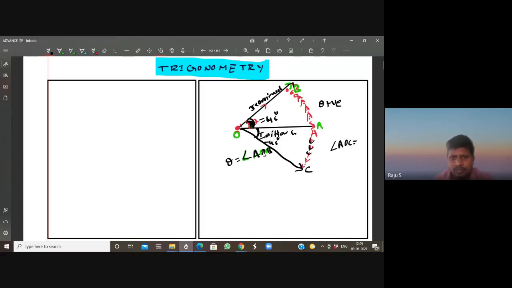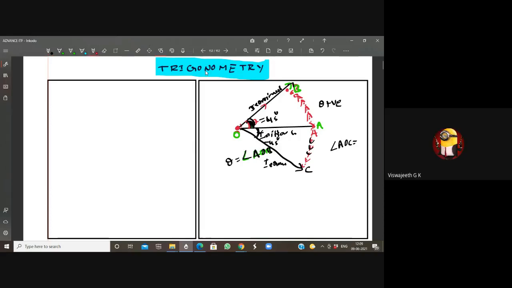So this is the initial side, this is the terminal side. Rotation in the clockwise direction is given by a negative angle, and anti-clockwise direction is given by a positive angle, right? Then measure of angles. How many methods are there to measure angles? How many systems will be there? Do you have any idea? 3 systems.